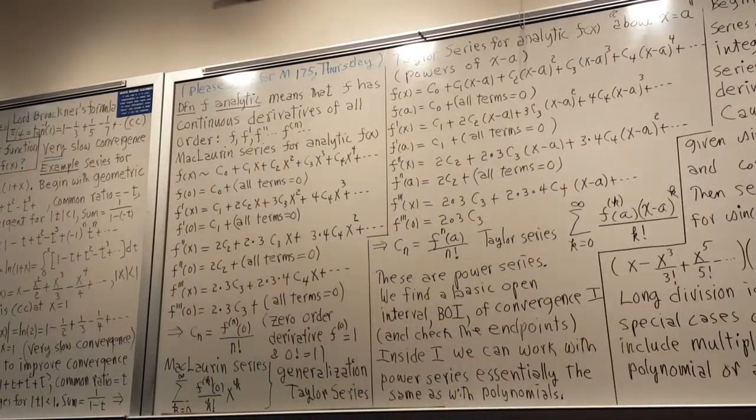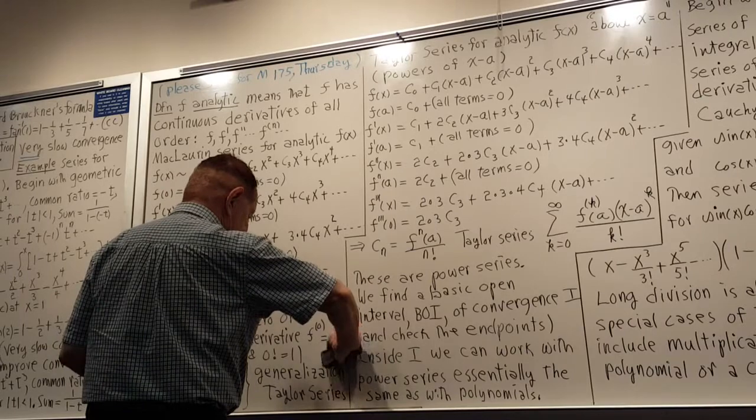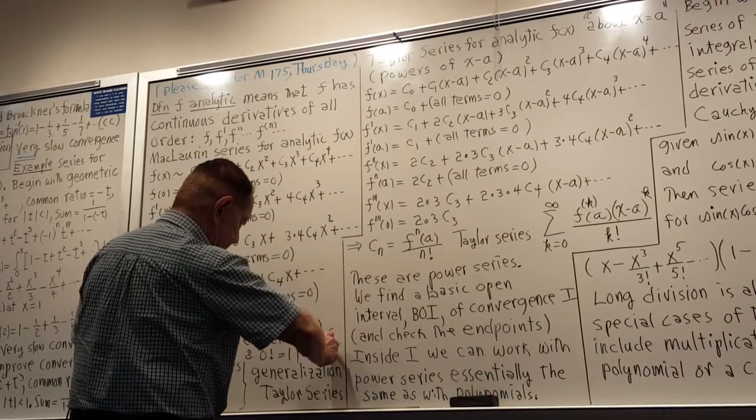There's a mistake there. The 0th order derivative is f of 0, which isn't necessarily 1.